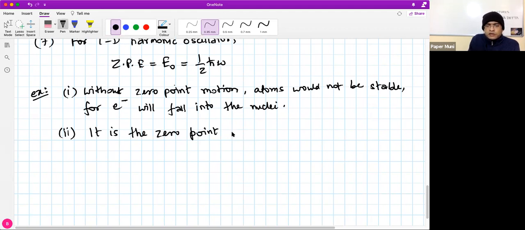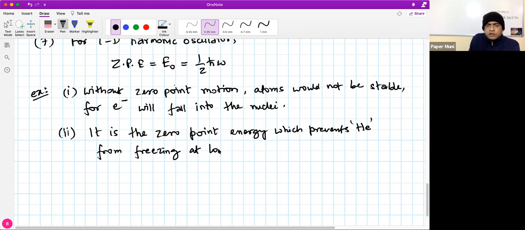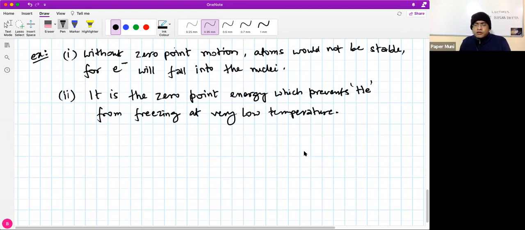It is the zero point energy which prevents He, helium, from freezing at very low temperature. All these can be explained using a theoretical framework, which is the uncertainty principle.